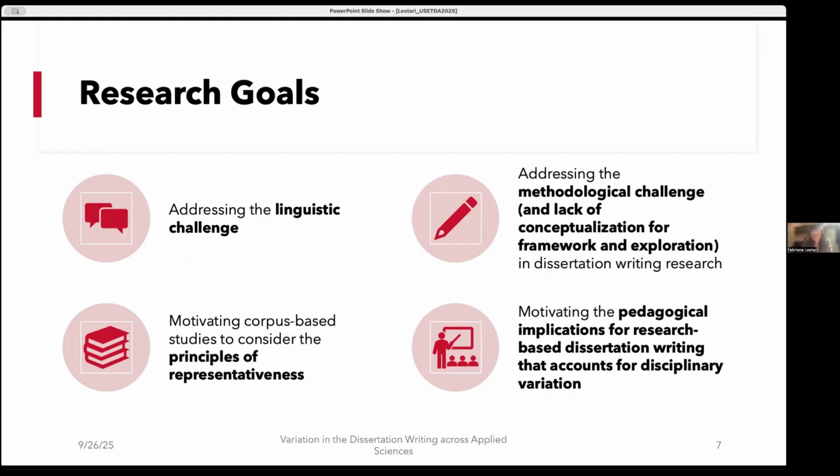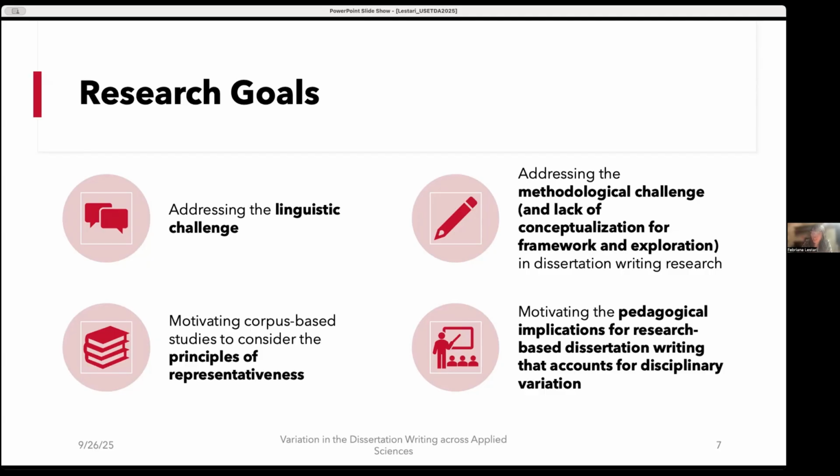My research goal is to address the linguistic challenge that hopefully will be useful for L2 learners, especially because there are so many international students who have to write dissertations in English, and this kind of support is highly needed. My domain analysis, which I'm going to explain in a little bit, will be used to motivate the corpus-based study that considers the characteristics of the data. We call it the principles of representativeness for corpus.